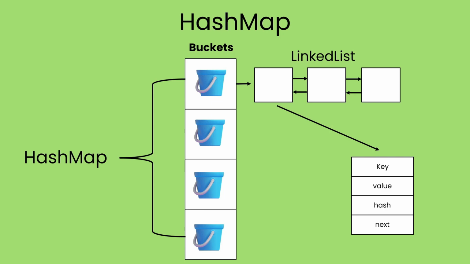So each node will have key, which is an unique value, and each key will have corresponding value, and we will also have hash. The hash value is calculated initially to efficiently store and retrieve the entries of map. And also we have this next, which is a pointer, and it is used to keep track of the nodes of the linked list.